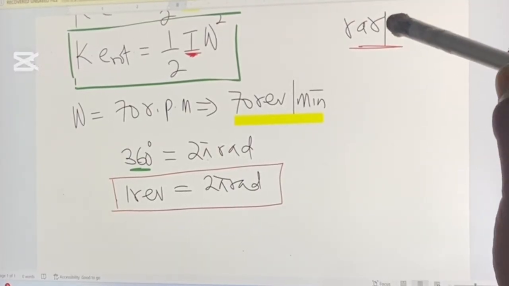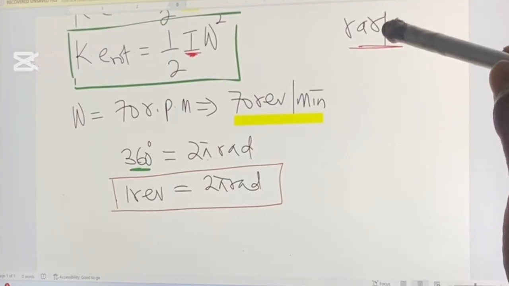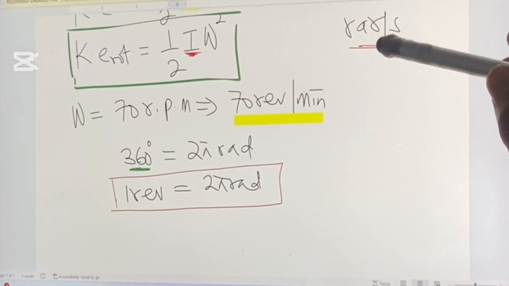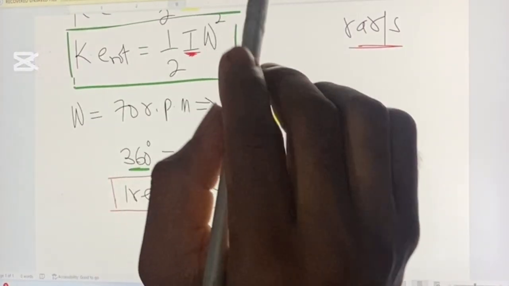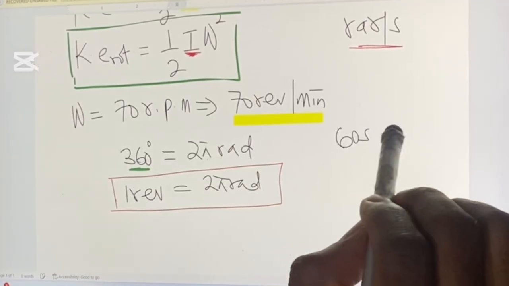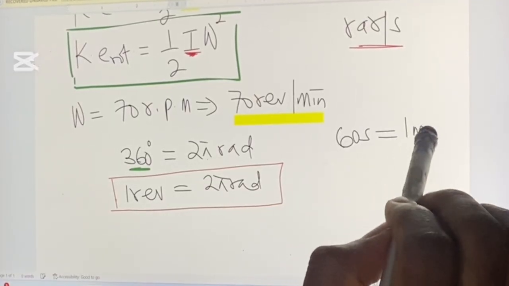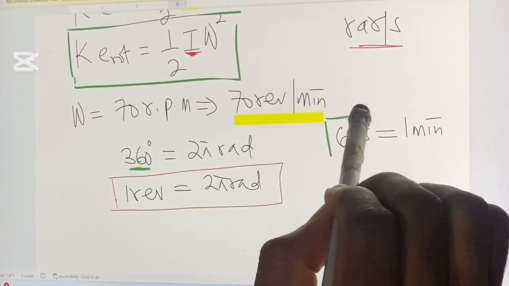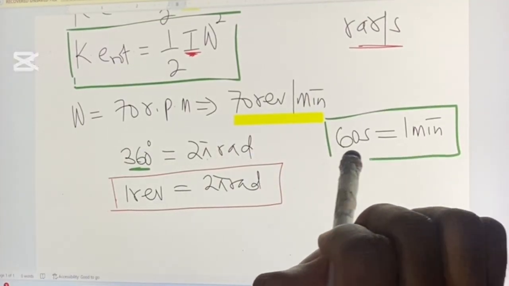Now let's know the standard relationship between minutes and seconds: 60 seconds is equal to 1 minute. Please take note. This is the standard relationship between minutes and seconds.